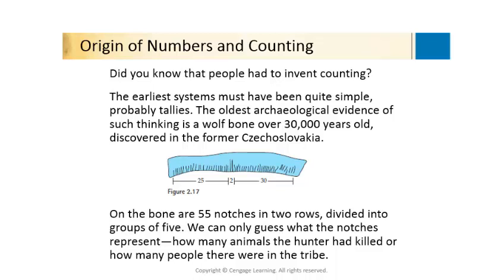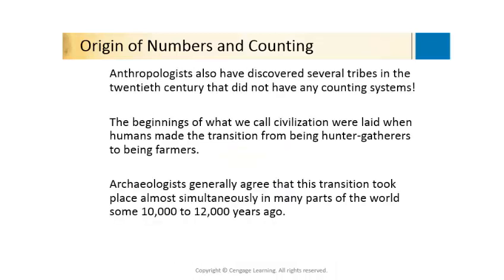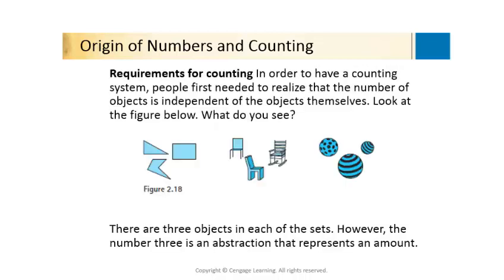Of course, there was probably no point in using a counting system until you became a little more sedentary, and archaeologists have determined that this happened somewhere between 10 and 12,000 years ago when we started worrying about counting things.